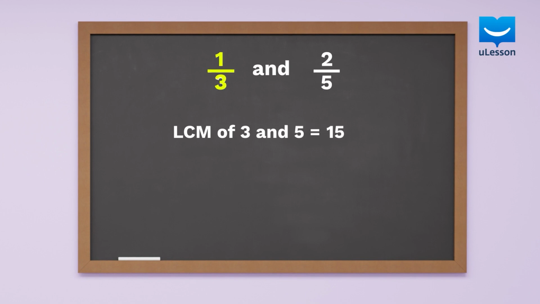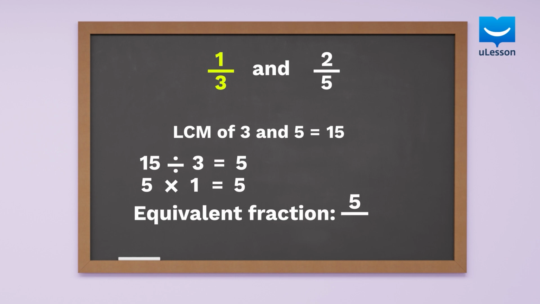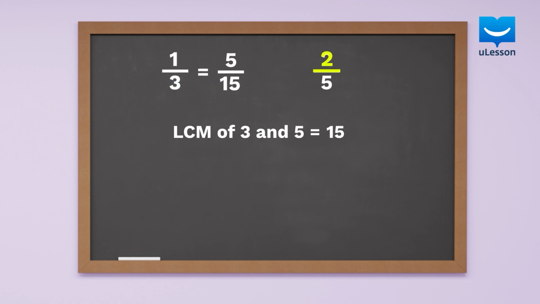For 1/3, let's get the equivalent fraction. 15 divided by 3 is 5. 5 times 1 is 5. So the equivalent fraction is 5/15. For 2/5, 15 divided by 5 is 3. 3 times 2 is equal to 6.